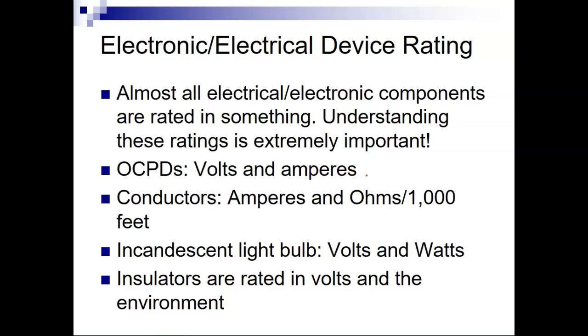Almost all electrical and electronic components are rated in something. Overcurrent protection devices are rated in volts and amps. If you look on any fuse or any circuit breaker, it tells you how much current it will allow and how much voltage it will allow. If it's a circuit breaker, there are a couple of different voltages you'll probably be dealing with.